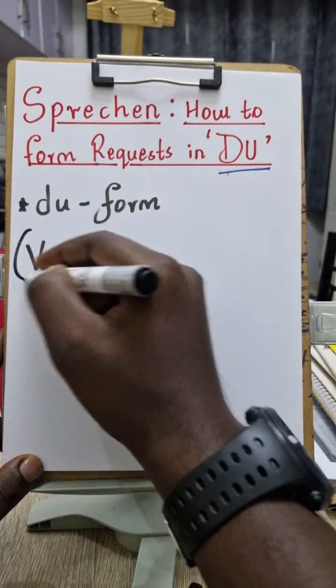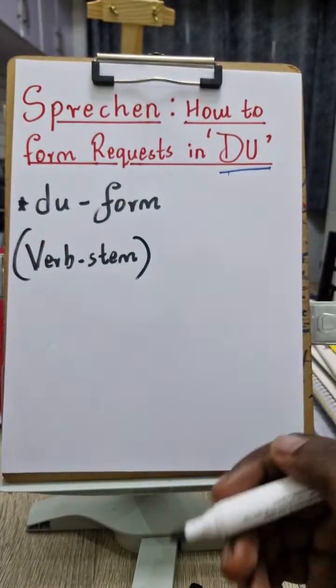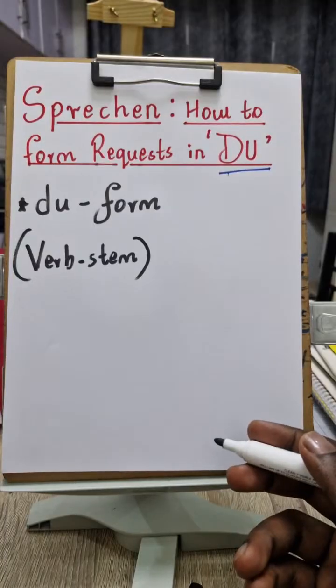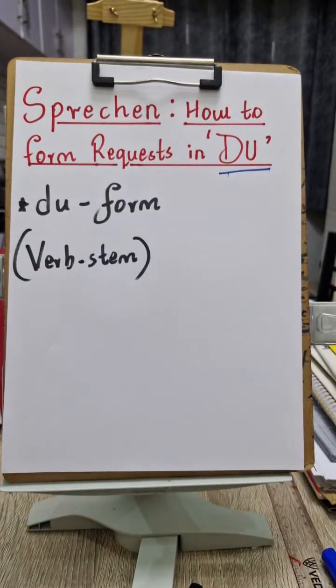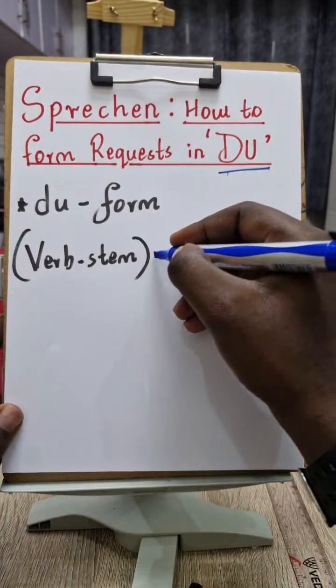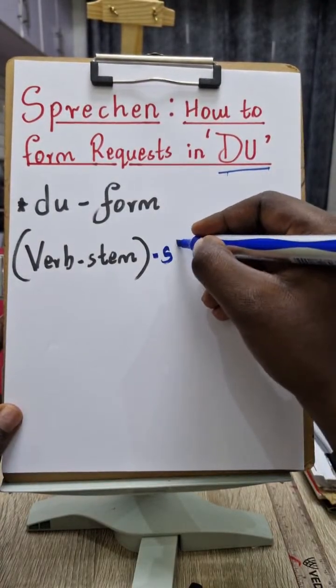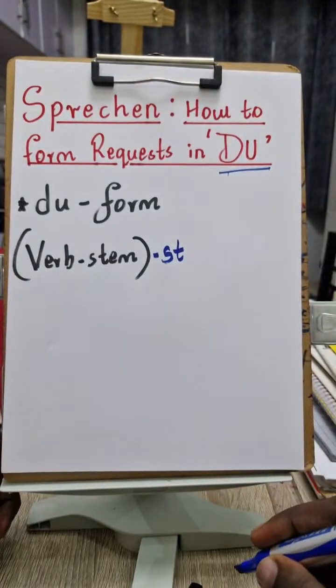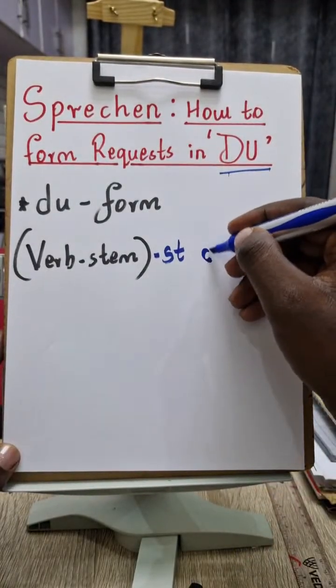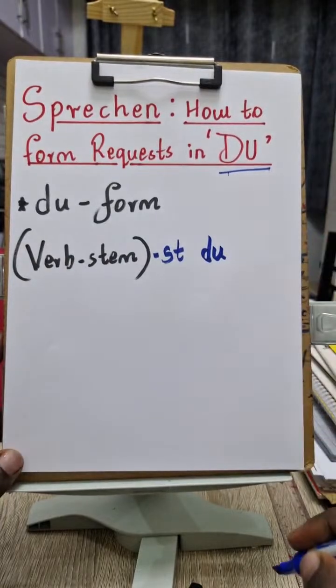Now, normally in the conjugation of the du form, we tend to add the ending st, right? And then you tend to have your du coming right here, okay?